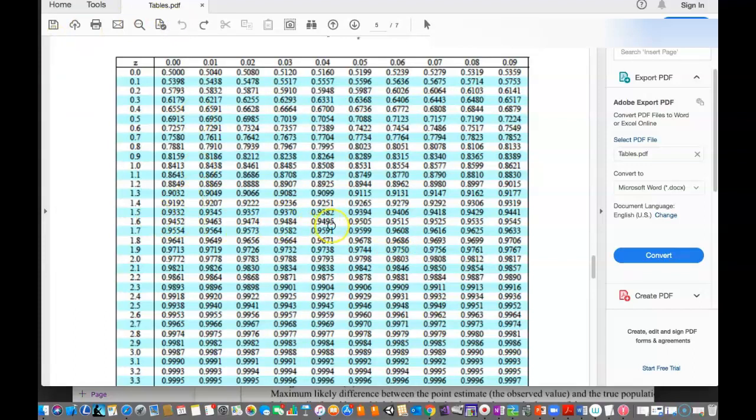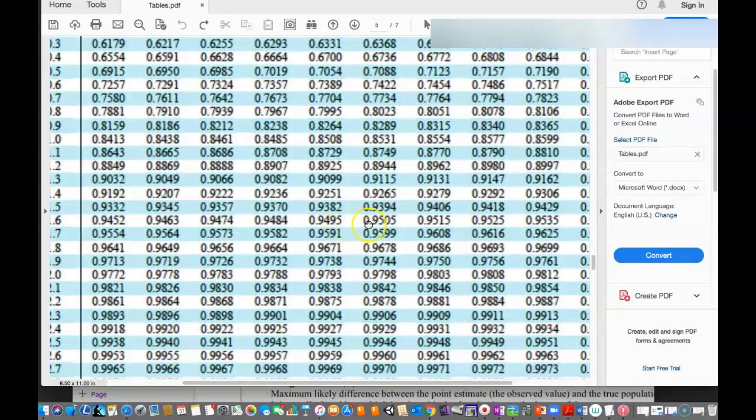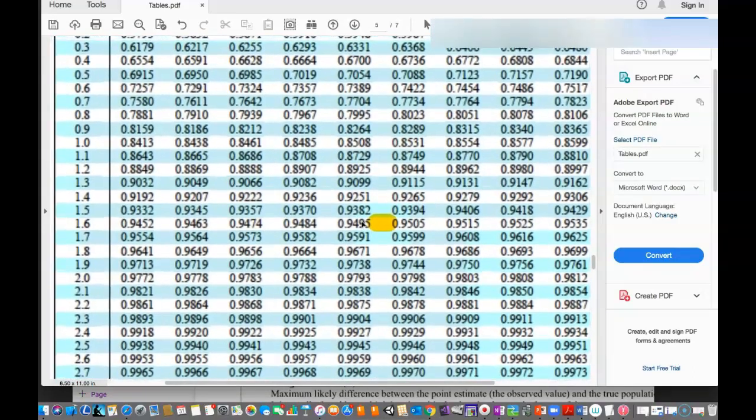Here, what I have here, I should have area. So area is in the body of table, I should have 95%. Here we have 0.9495, and this is 0.9505. What that means, between these two, I have 0.95. Now, based on this area, going to left, we want to find what z-score is.